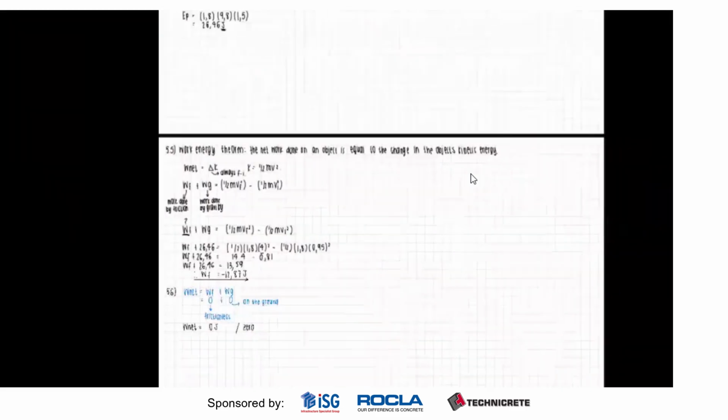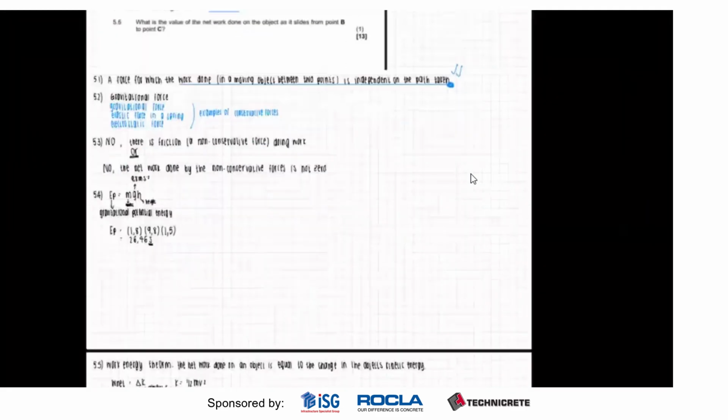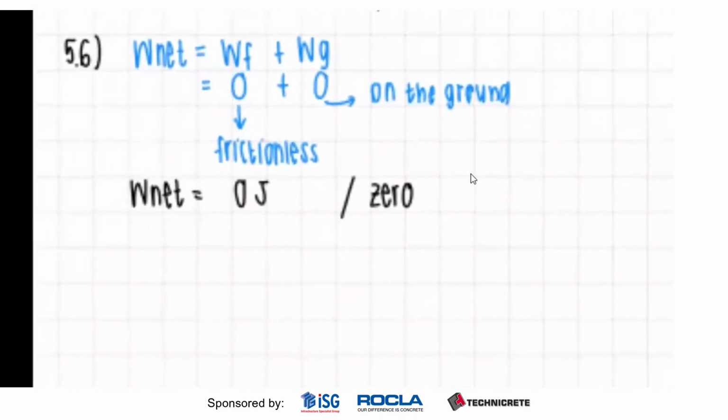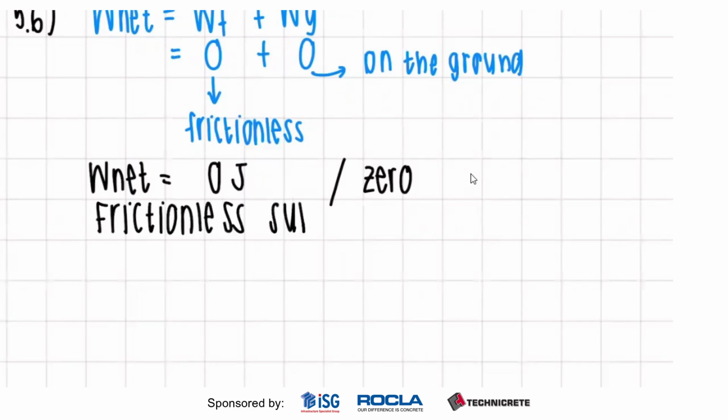We don't actually need an explanation for this, but the explanation that they give in the memo is: frictionless surface, there are no forces acting on the block.